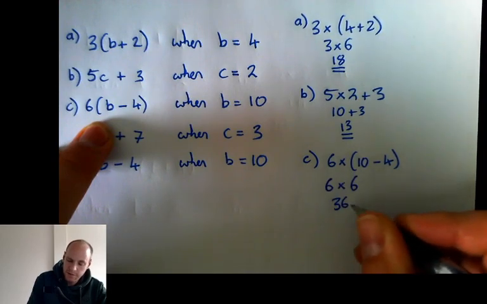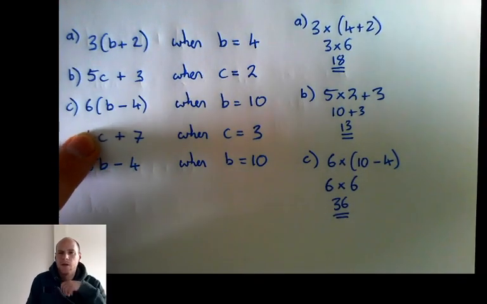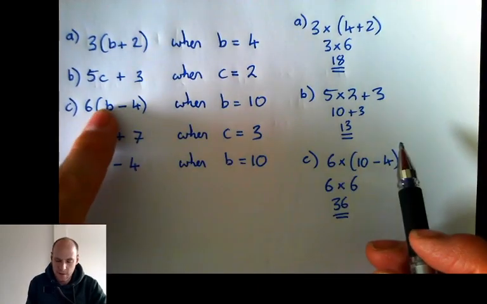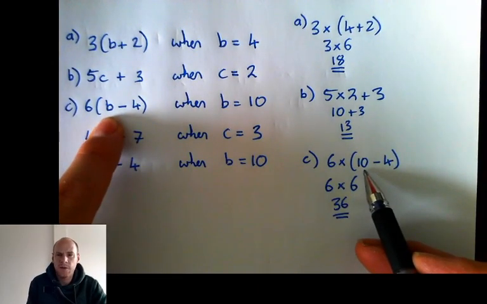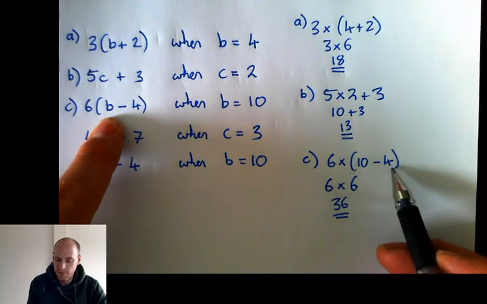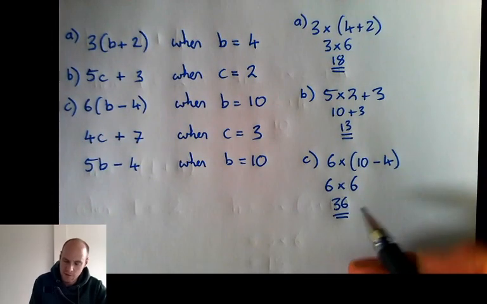I'm getting a 36 for that one. So what I've done there is I've replaced B with 10. I've done the bit in brackets first, so 10 subtract 4 first, and then I've done the multiplying.